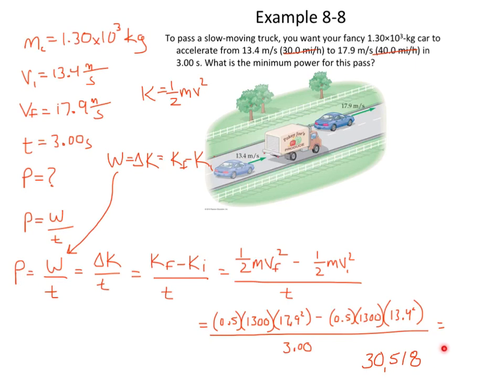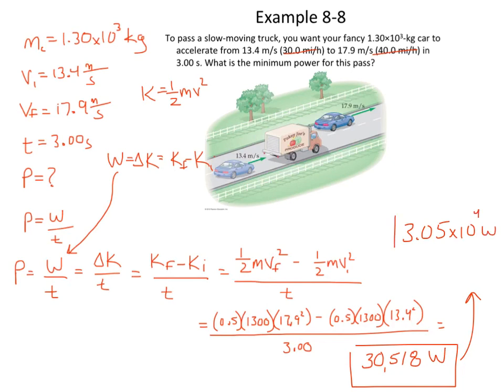Now, if you use significant figures, a lot of those will cancel out, so it would probably be something more like 3.05 times 10 to the 4th watts. That's probably more accurate.